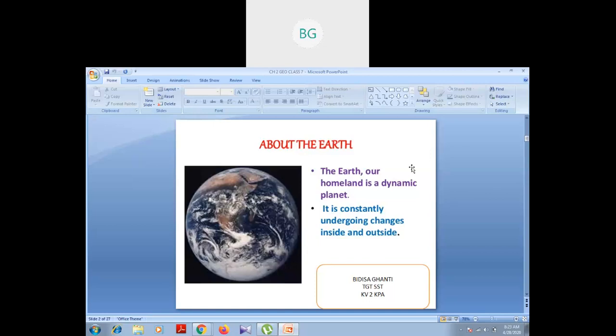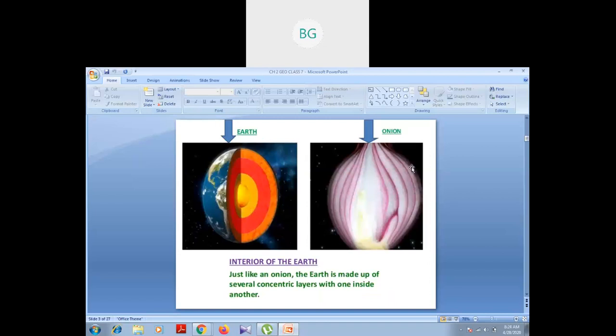Like, you all know or you all have seen the onion. In an onion there are layers, one above another. So just like an onion, the Earth is made up of several concentric layers with one inside another. If you describe our Earth like an onion, the Earth also has some layers.